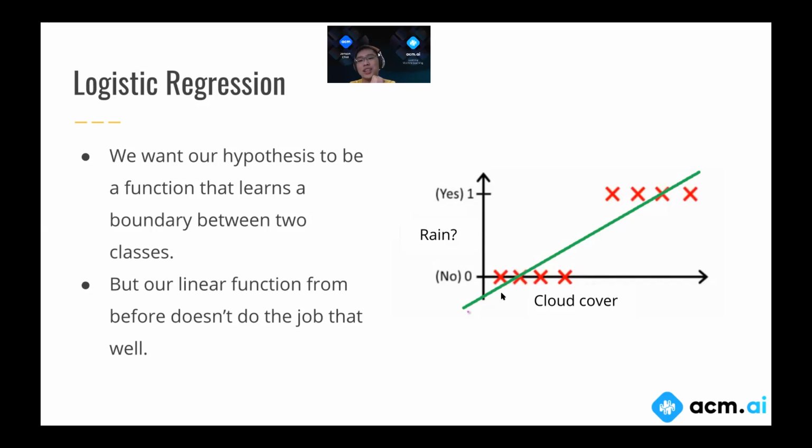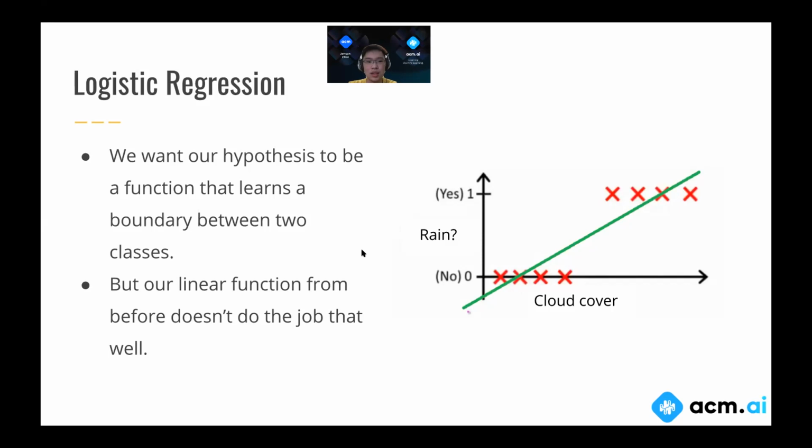But as you can see, a linear model is not really suitable for this job because, first of all, the range of this linear function is -infinity to infinity. That's a problem because our output is binary. And second of all, when the probability is about 0.5, as someone mentioned earlier, the output is kind of ambiguous and the error here is pretty big.